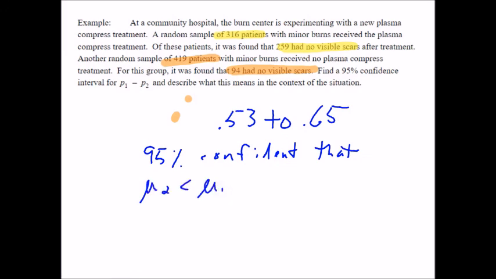So in terms of this, this means that we are 95% confident that the plasma compress treatment actually helped the scars of the first group more than not receiving the plasma compress treatment for the second group. And we can say that with 95% confidence.